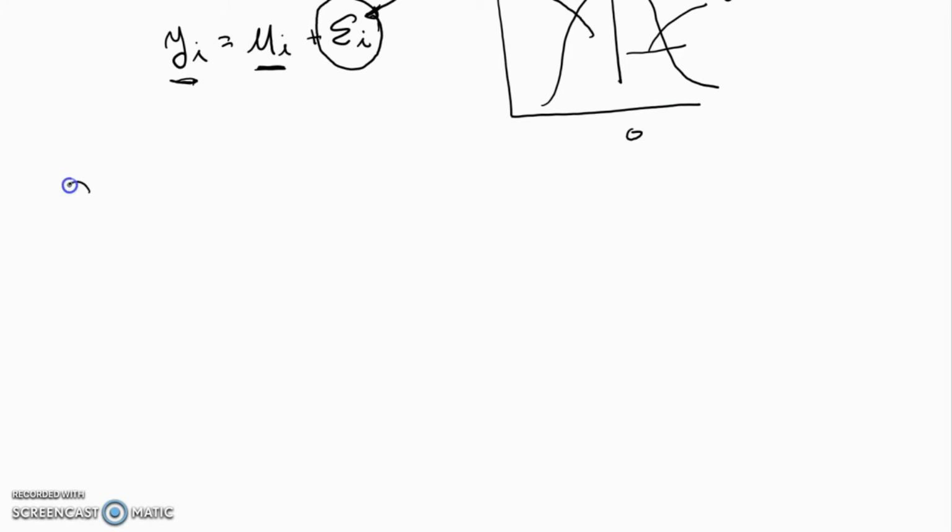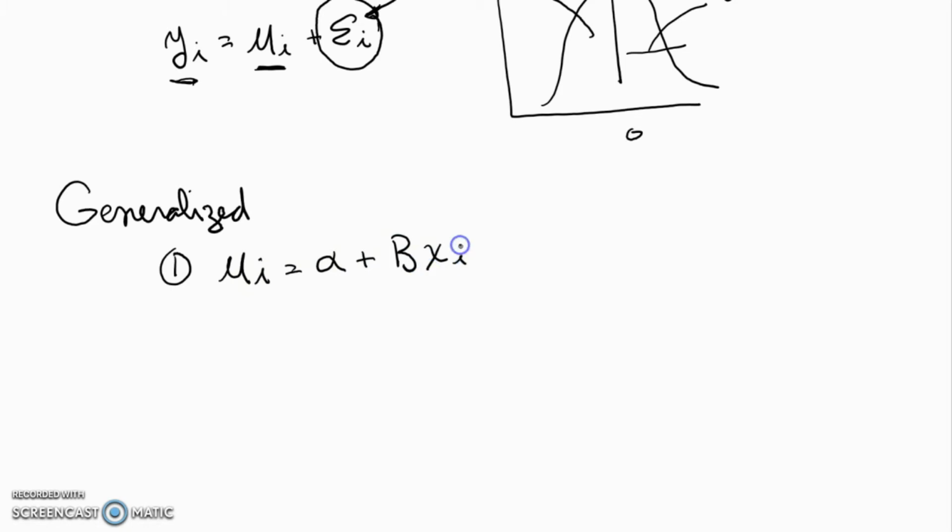Now let's think about the generalized linear model. Again, a two-step process, and the first step is going to be the same. We're going to say that mu i is equal to alpha plus b x i. The difference comes in the second step. How do we get our value of y i?